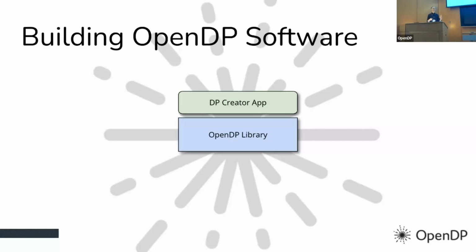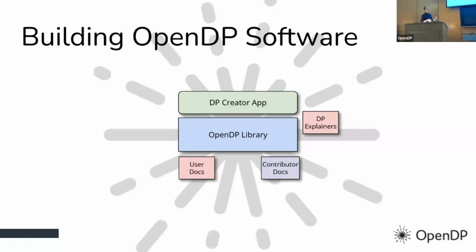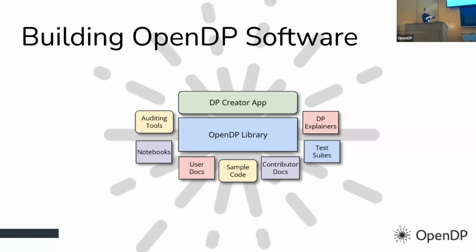That's a way to make it easier to use OpenDP functionality without having to write code. But there's much more to OpenDP. We have all different forms of documentation and a bunch of sample code and different utilities. And all these things together make up a thing we call the OpenDP Commons.